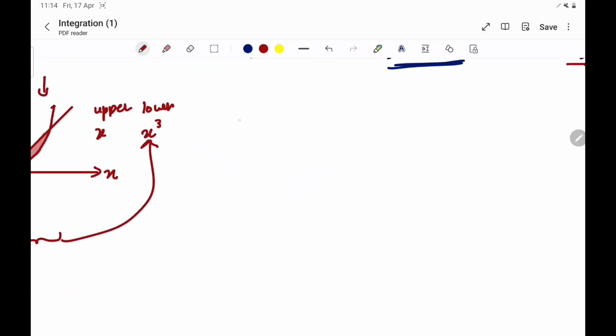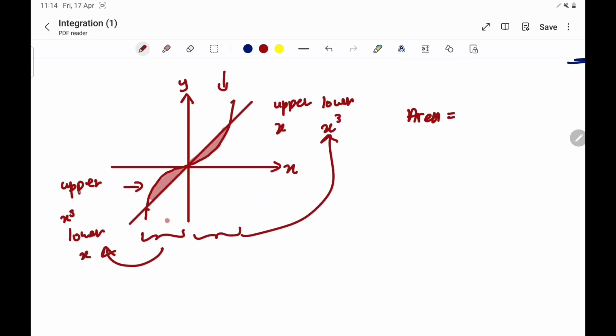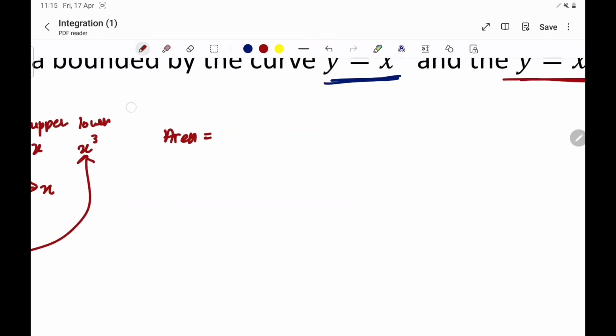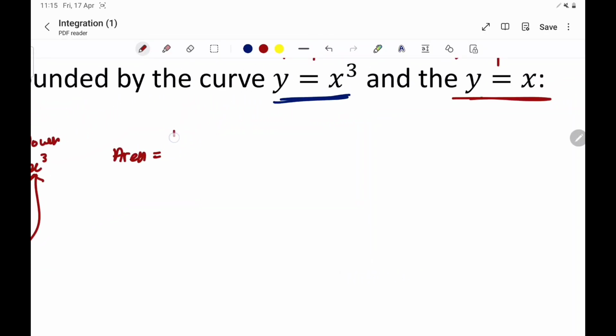So now, when we want to calculate area, the first step is, for this area, it is below the x-axis, right? So by right, it is under the horizontal axis, which you're going to get a negative value for the area. So you put modulus.